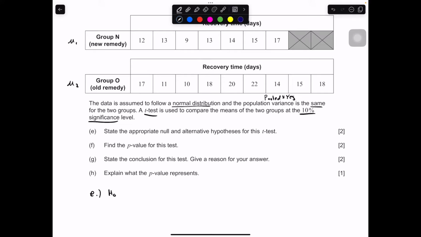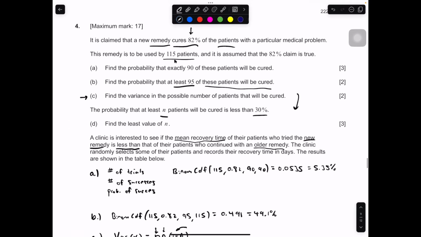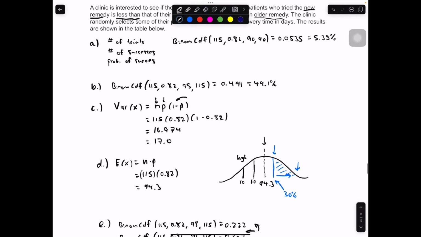So we've got our null hypothesis and alternative hypothesis. For a t-test, the null is always going to be mu1 is equal to mu2, so status quo, no difference in the averages. In this case, how are we relating mu1 and mu2? Mu1 is the new remedy, and we want to see if mean recovery time is less.